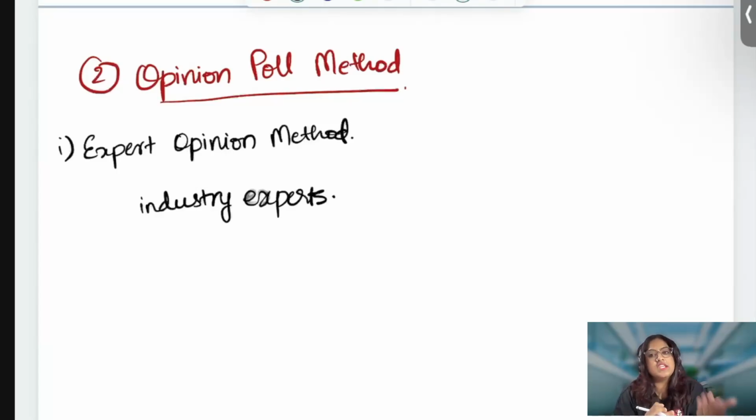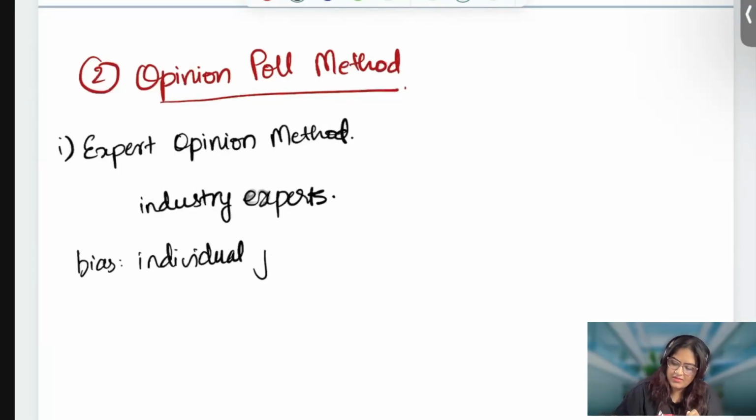We rely on their deep knowledge and market understanding to predict the future demand. It is quick and very inexpensive. However, it may involve potential bias because forecasts depend on individual judgment. Here, bias is coming from individual judgment. Okay, so that is the first type of opinion poll method, the expert opinion method.